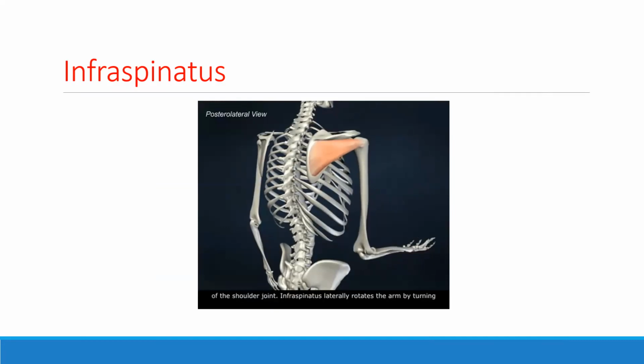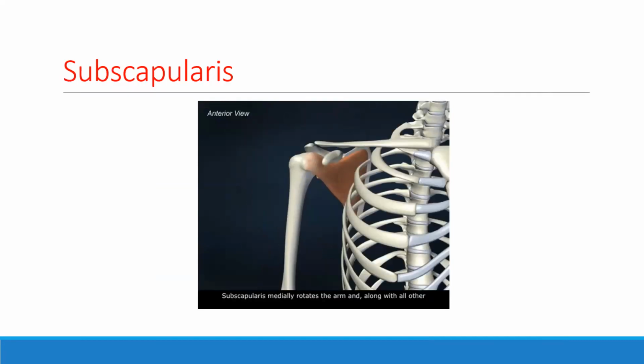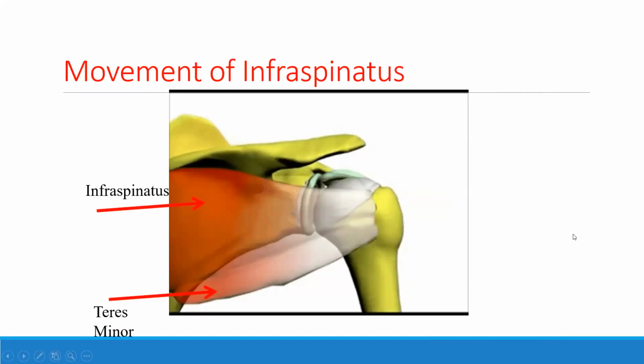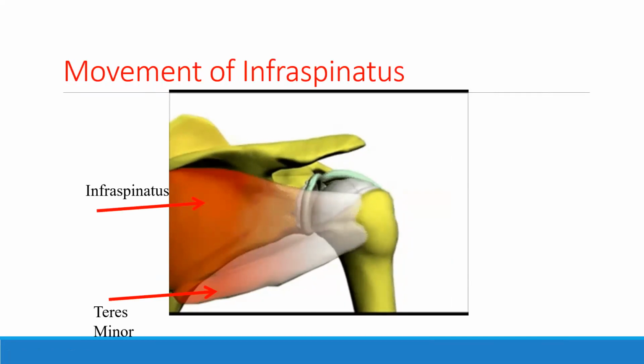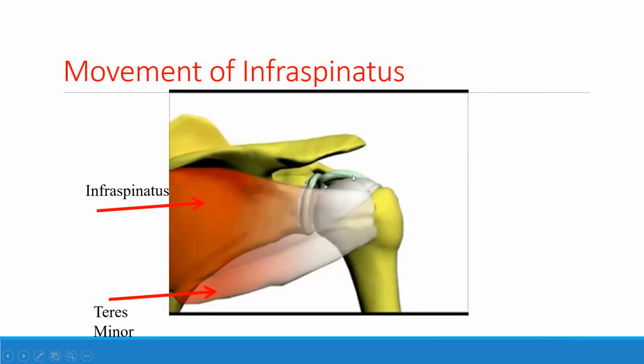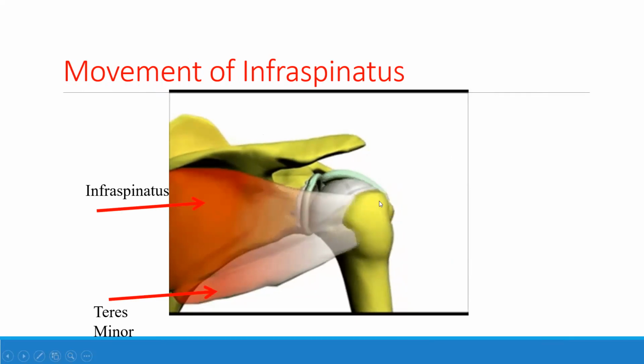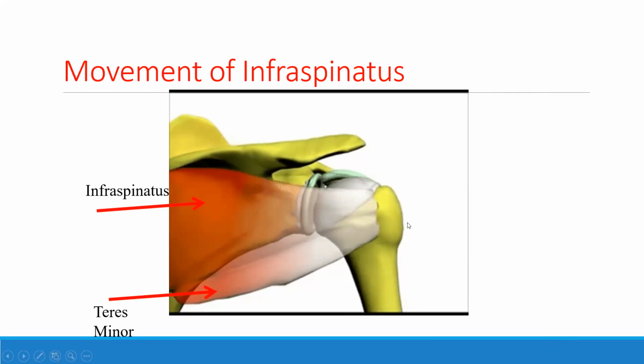All 4 muscles are working together to create a range of motion that is almost a full 360 degrees around the glenoid cavity. There's the subscapularis pulling towards the front. Here we see the action of the infraspinatus and the teres minor pulling on the head of the humerus. We don't see the supraspinatus or the subscapularis, but they're there too.